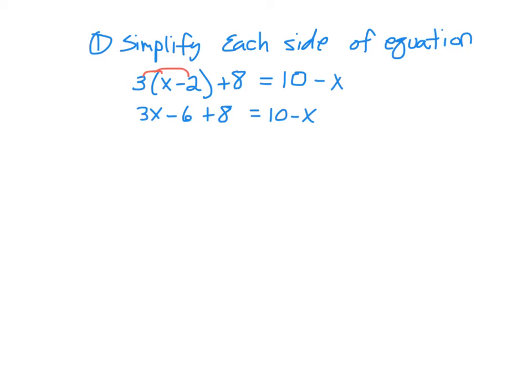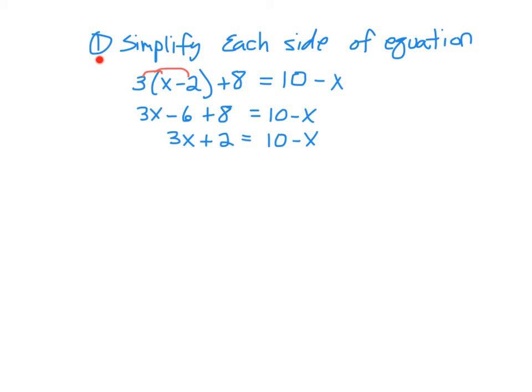Notice what's left are these two like terms, which I can combine, and that's the last part of simplifying, combine like terms. I have a -6 and a +8, I can combine those, and when I do that, I end up with this side being 3x plus 2 is equal to 10 minus x. And I have now simplified both sides of the equation.